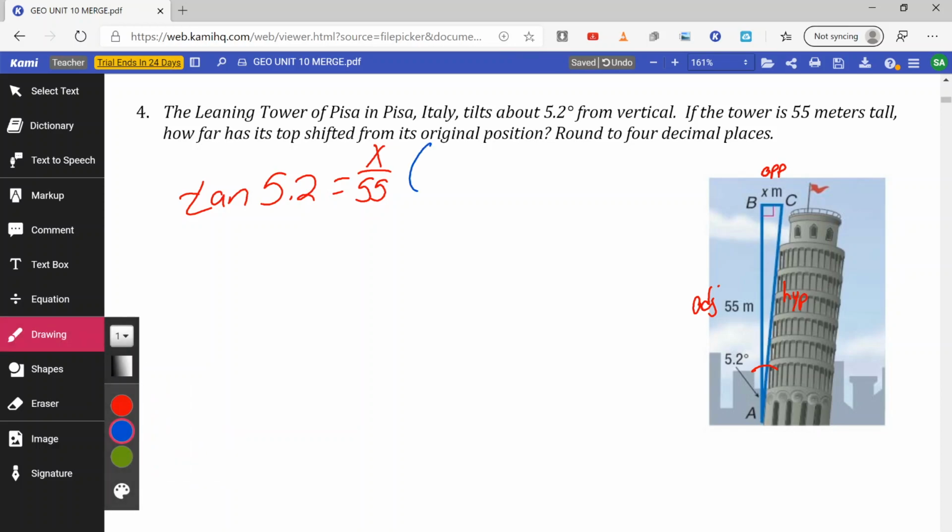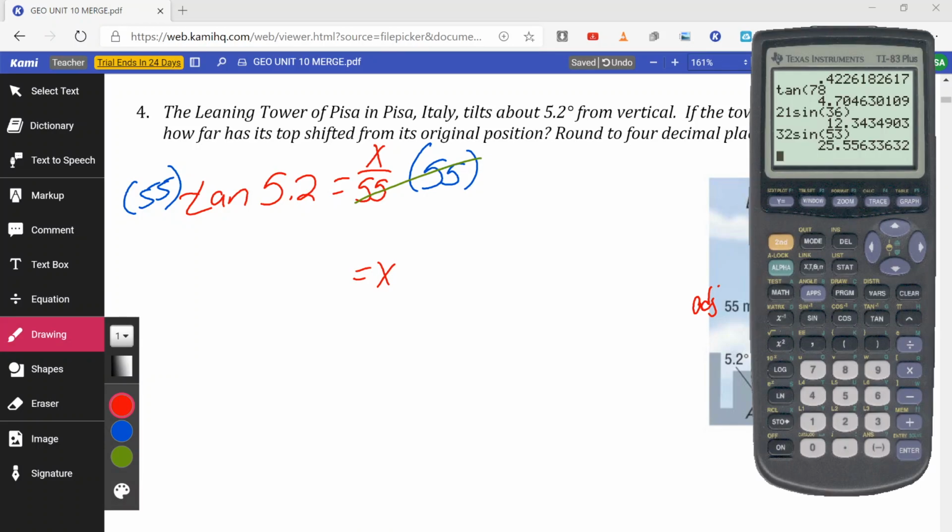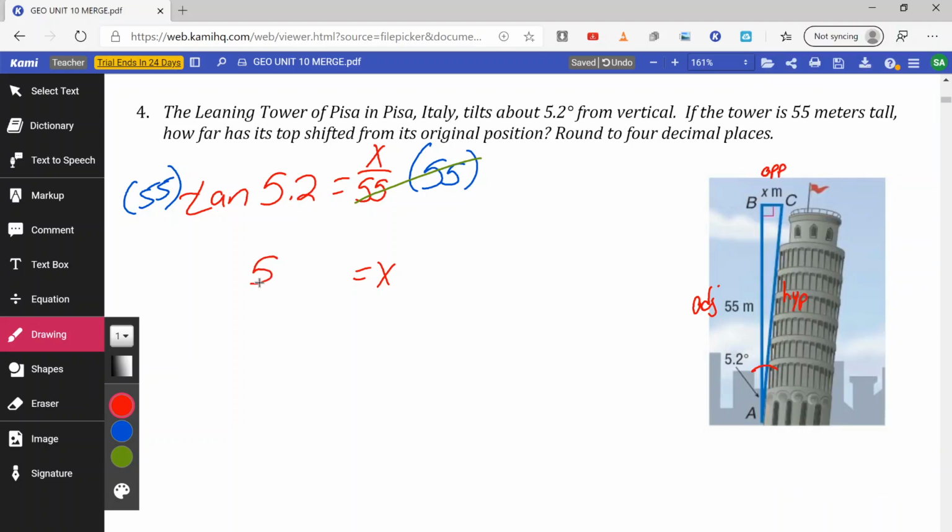So to solve for x, we just multiply both sides by 55. And we get x equals 5. So how far have we shifted? We have shifted, according to our problem, 5 meters.